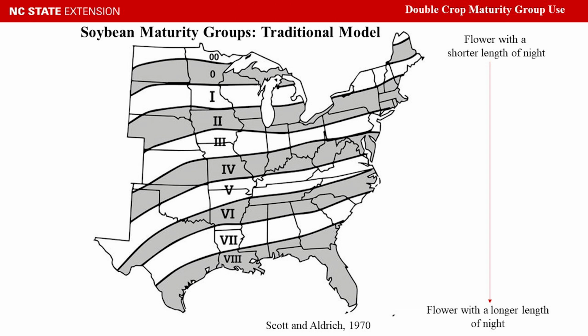Well, day length is consistent across the latitudinal zones, and day length and temperature are the 2 things that drive reproductive development in soybeans. And if you think about the earlier maturity groups that they grow in the upper Midwest, those will flower with a shorter length of night. In the upper Midwest, the days are longer in the summer. And so those earlier maturing varieties, they'll flower with a shorter length of night.